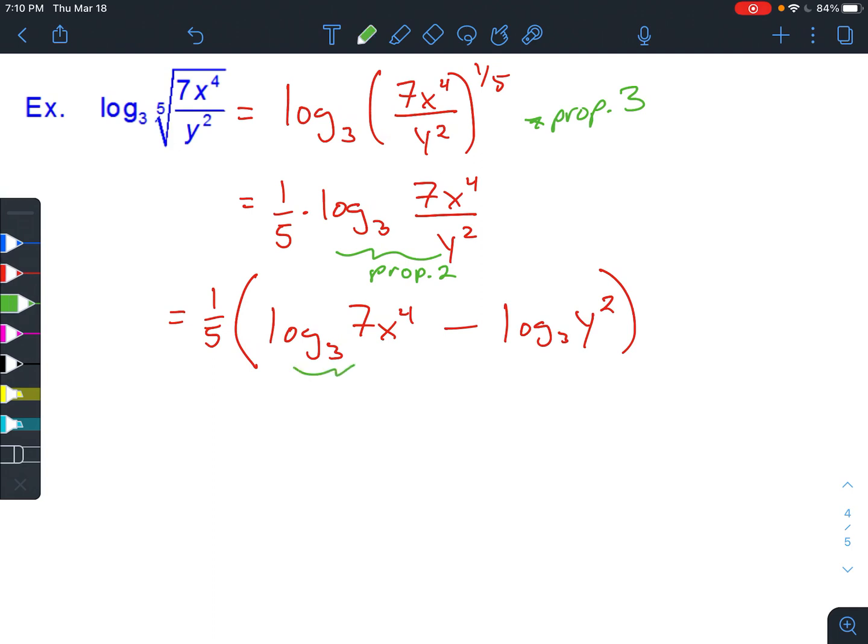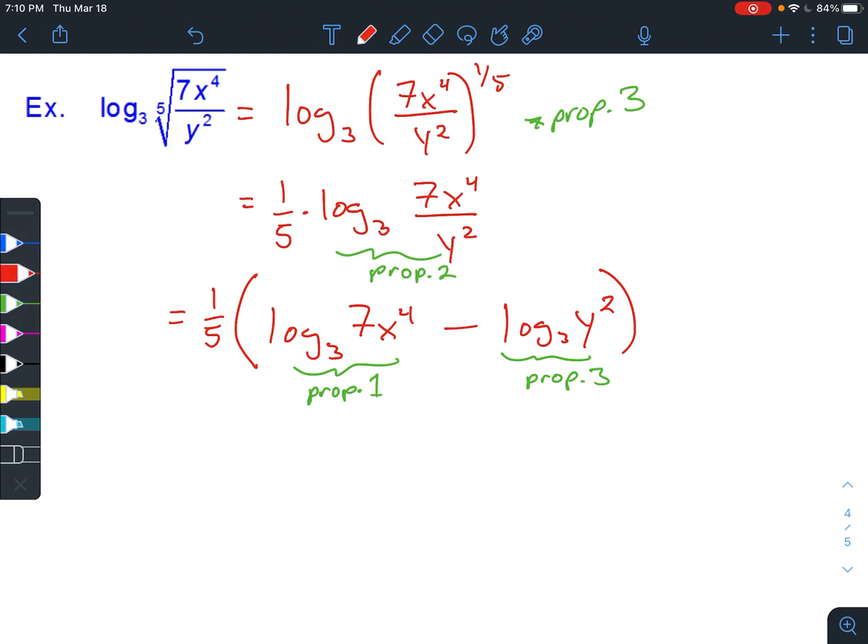First of all, log base 3 of 7x to the 4th, well, that's property number 1 now, because we definitely have a product. The log base 3 of y to the 2nd, well, that's property number 3 because we've got ourselves a power, and it is a global power for that one. Again, there was a power in the first half, but that fourth power was only on the x and not on the 7, so we were kind of stuck.